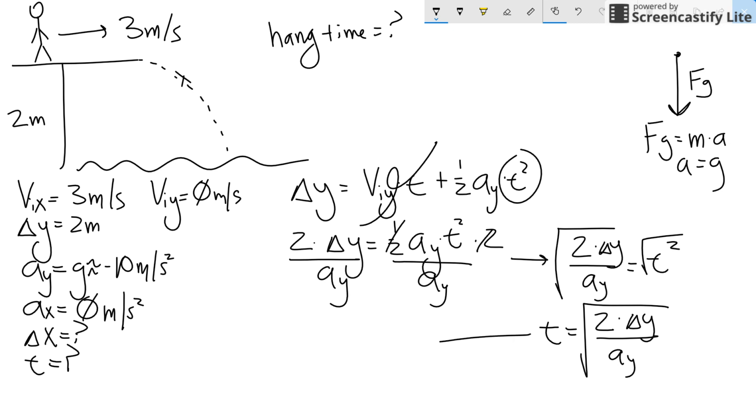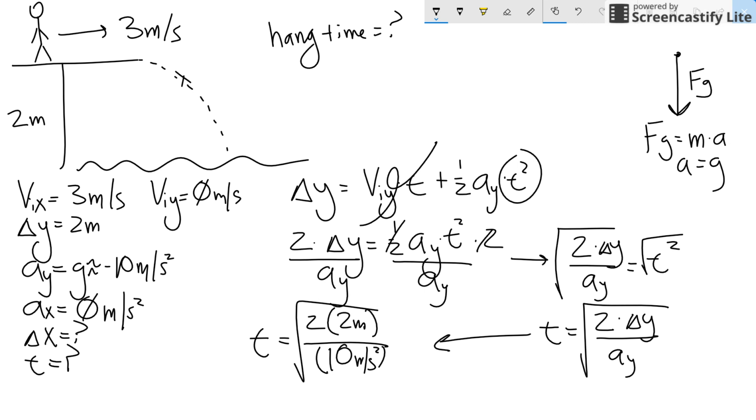Let's plug our numbers in. Time is equal to the square root of 2 times 2 meters over 10 meters per second squared. I would put that negative in, but you cannot have a negative under a square root, so I'm just going to put it as a positive number.